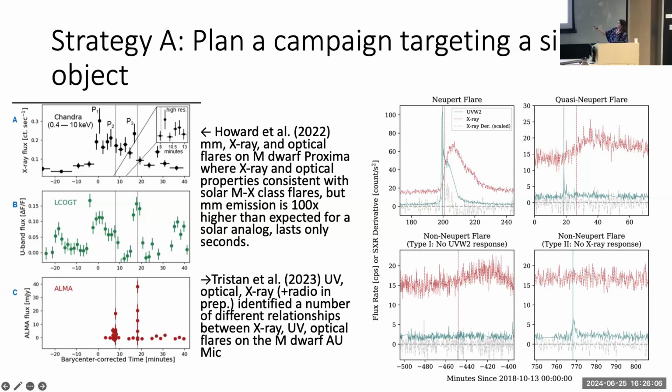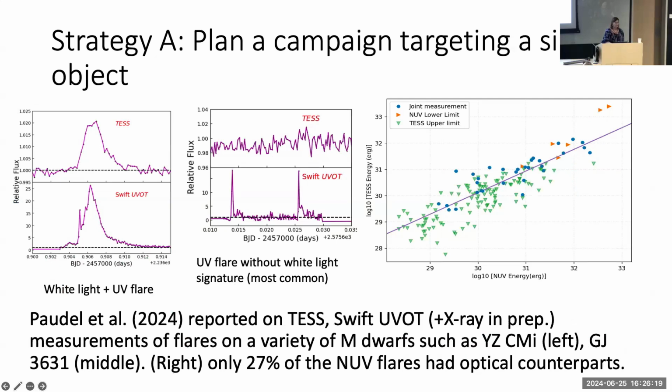And in true astronomer fashion, there's a type 1 and a type 2. So interpretation still TBD, but clearly there are complexities to the kinds of flare responses that we're seeing.